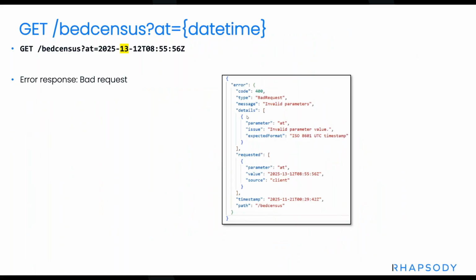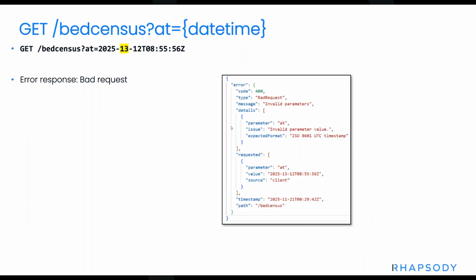Now let's cover some of these error cases, right? Again, in our request handler, we need to accommodate all of this. So a bad request, in this case, was someone somehow sent a timestamp with the 13th month. So that's invalid. It's a 400.